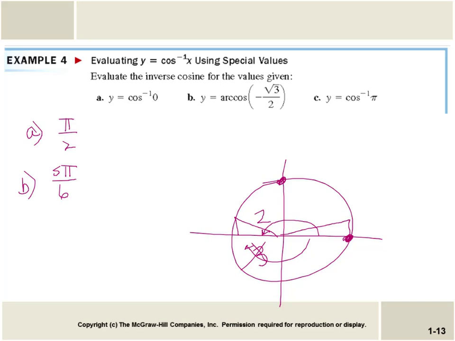All I asked you to do is memorize the first quadrant. So if you know the first quadrant, then you know that's pi over 6, which is the reference angle. Put that reference angle in quadrant 2, and it's 5 pi over 6. That's why reference angles are pretty powerful. Unless you have every single point memorized, which some people may, I'm trying to get away from having you memorize everything all the time.